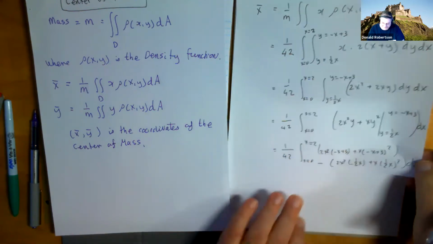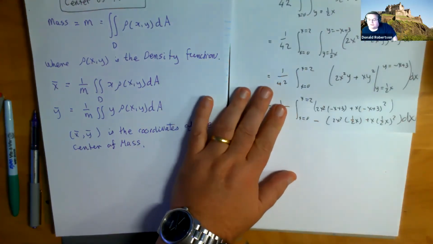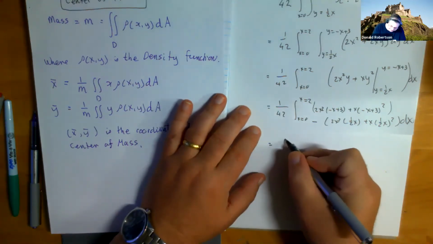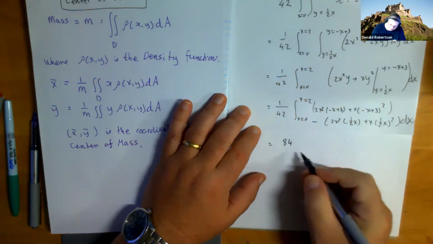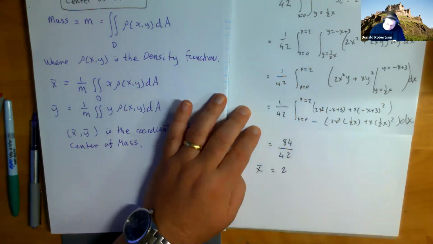And can we just pretend that that entire mess could be foiled out, distributed, whatever you want to call it, collect like terms? Would you agree it'd be a power rule? Plug in x equals 2 and 0, subtract everything, and we're going to pretend that I got 84. So that would make x bar 2.